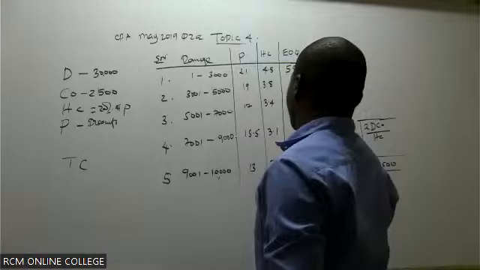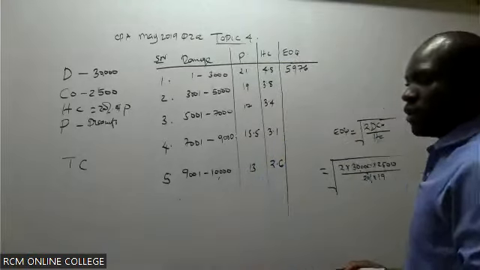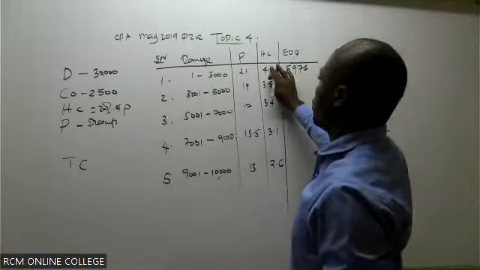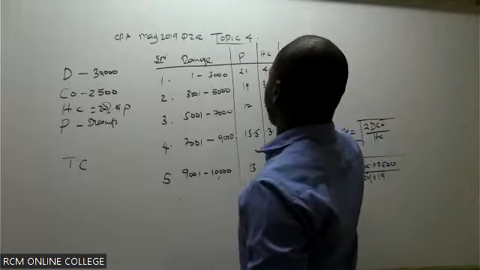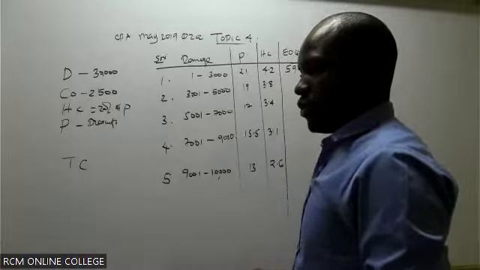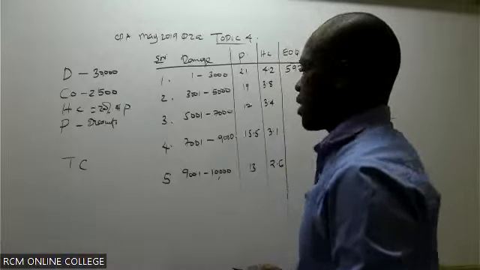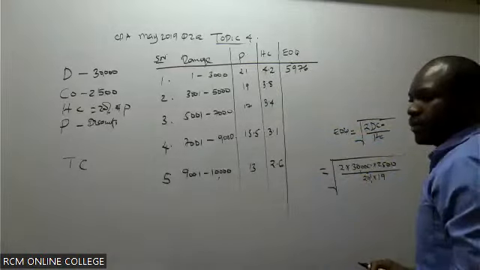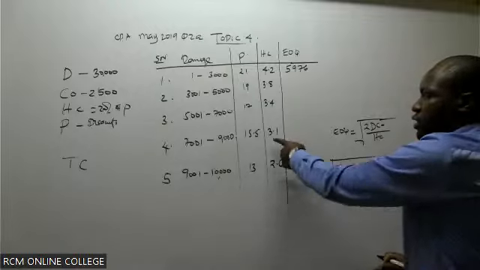Are you getting 2.6? Please confirm to me. It is 4.2. Oh, here it is 4.2, I misled you a little. 20% of 21 is 4.2 for the first one. How about the rest? Are they okay? Check for me this one here.